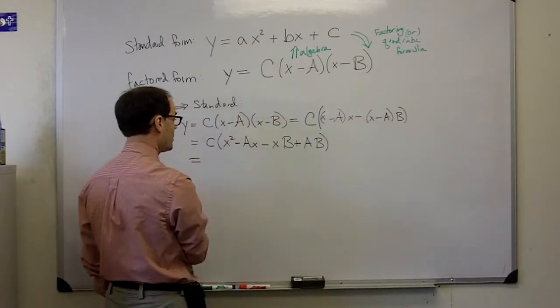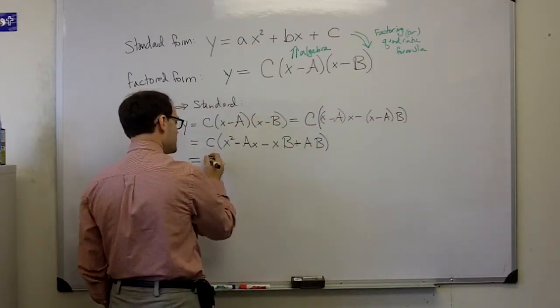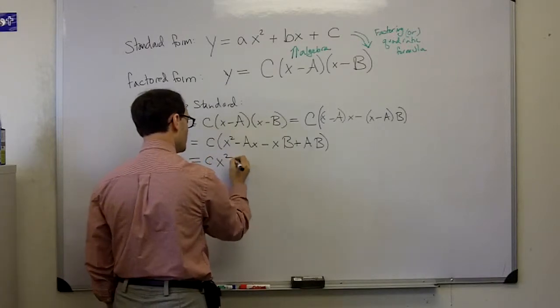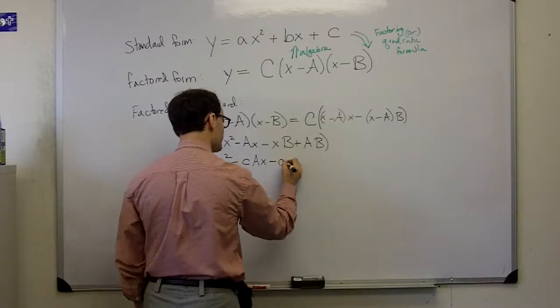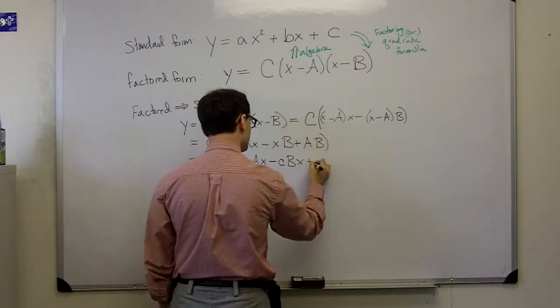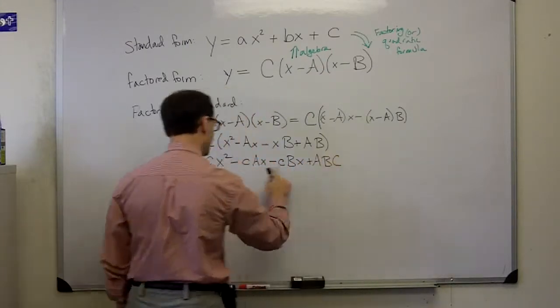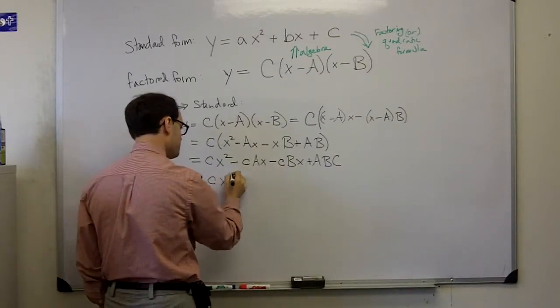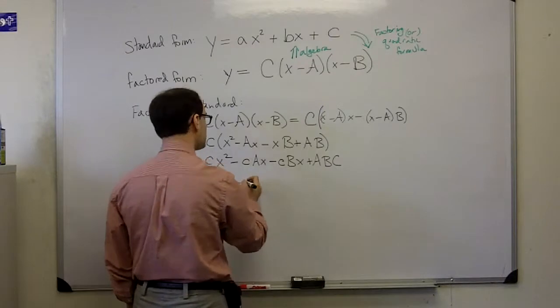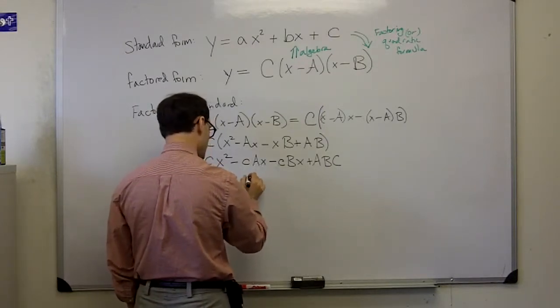And then distribute through with that c, and we're in good shape. And there's a little bit of cleanup here. Notice there's a common factor of an x. In fact, I'll do it this way.